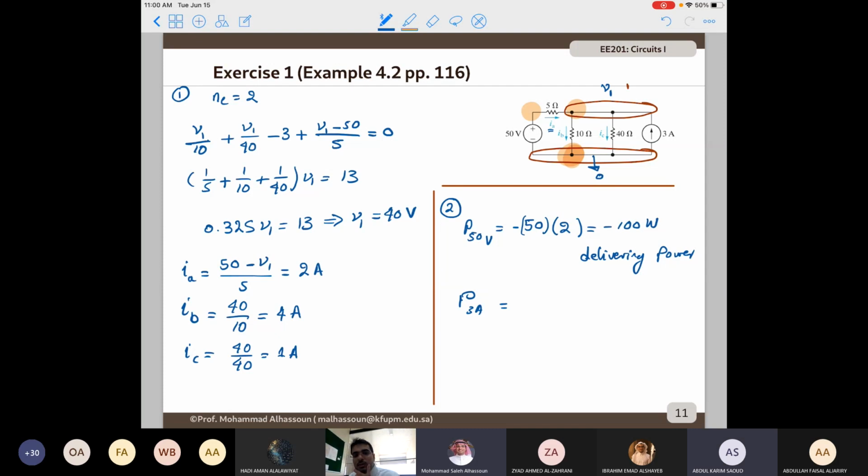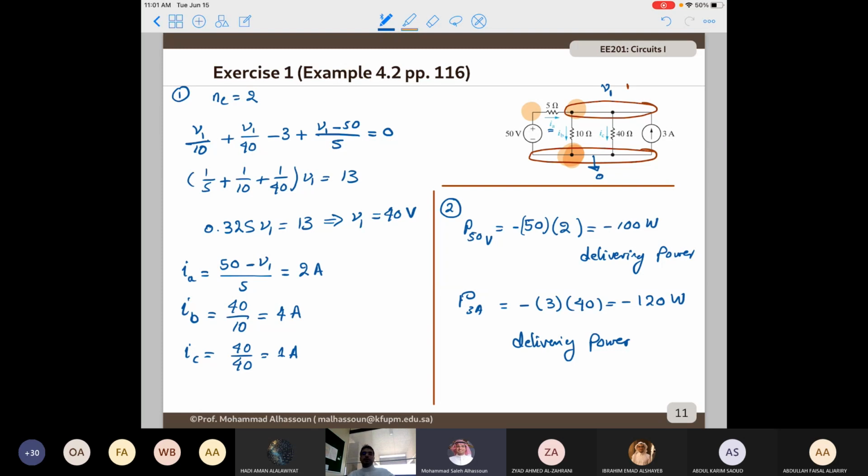What about the sign? It's negative, it's going from negative to positive. So it's going to be 3 multiplied by 40, and this gives me minus 120 watts. So again, this one is delivering.